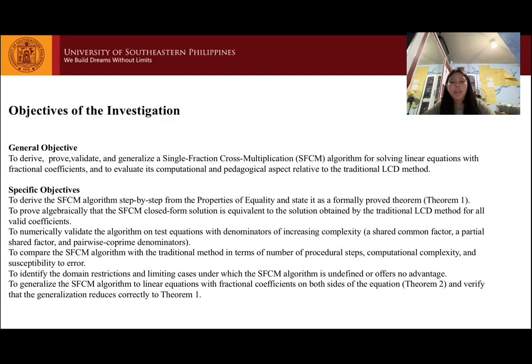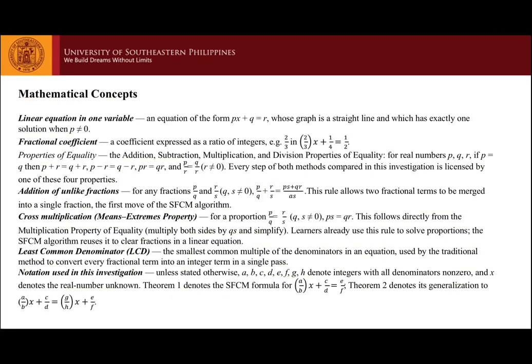And also to compare both methods in terms of procedural steps, computational complexity, and susceptibility to error. Then determine the algorithm's domain restrictions and limiting cases, and extend the algorithm to equations with fractional coefficients on both sides, resulting in Theorem 2, and verify that it correctly reduces to Theorem 1.